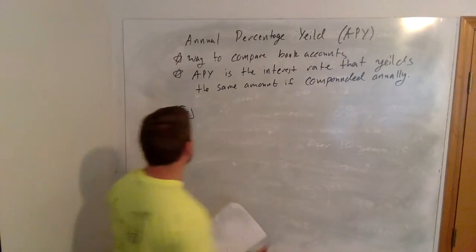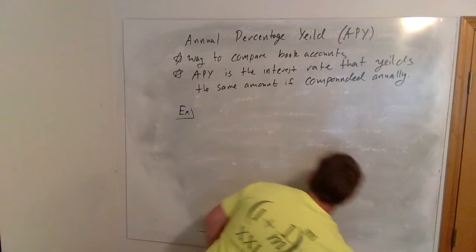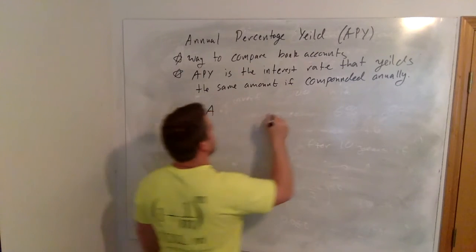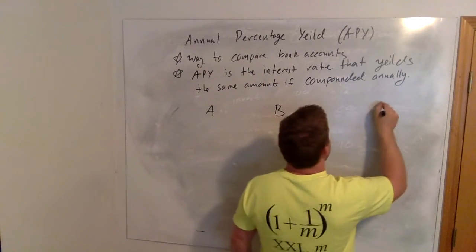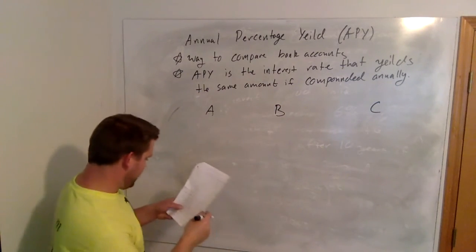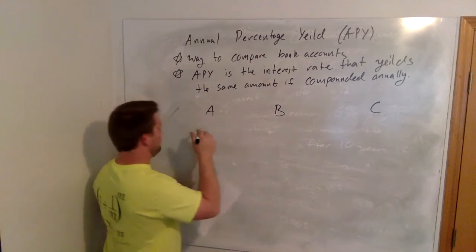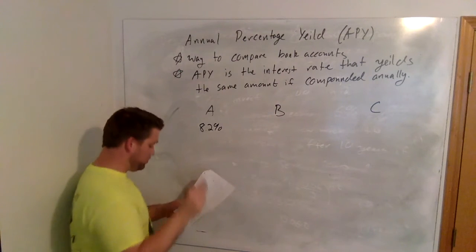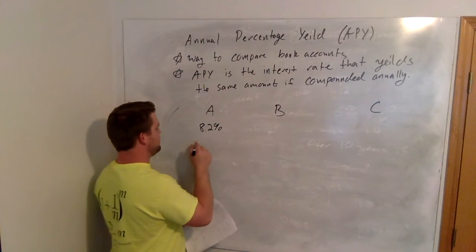So there's Bank A, and there's Bank B, and there'll be Bank C. So Bank A, let's say you have an 8.2% annual interest rate, and we're going to compound annually.